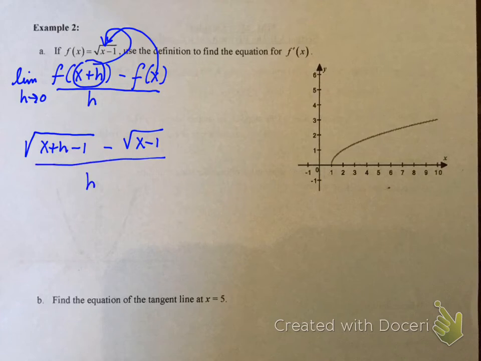Now this thing is a little bit complicated, so what I'm going to do is use a conjugate to try to simplify this a little bit. So the conjugate of the square root of x plus h minus 1 minus square root of x minus 1 is the square root of x plus h minus 1 plus the square root of x minus 1. Now, if you notice, I got the difference of perfect squares, right?